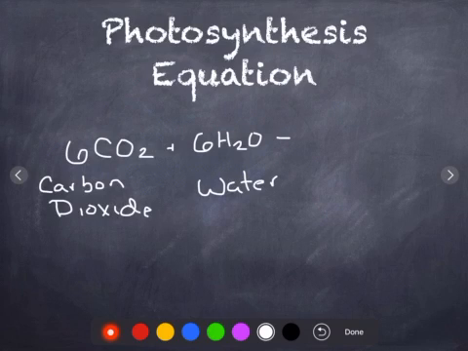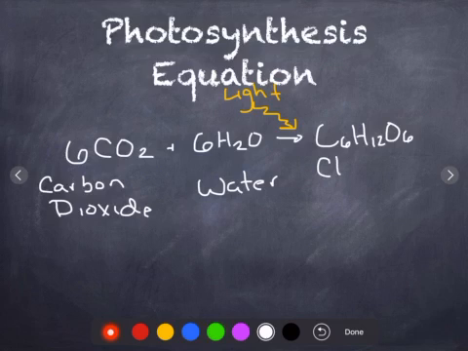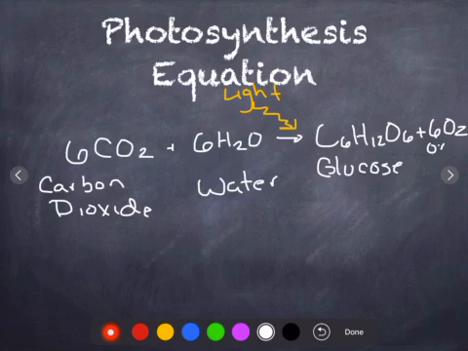Okay, in order for this reaction to occur, we need light. Okay, and what we make is a glucose molecule. And 6 oxygen molecules. Okay, so again, this is our equation right here, 6 CO2 plus 6 H2O with light, glucose, and oxygen.